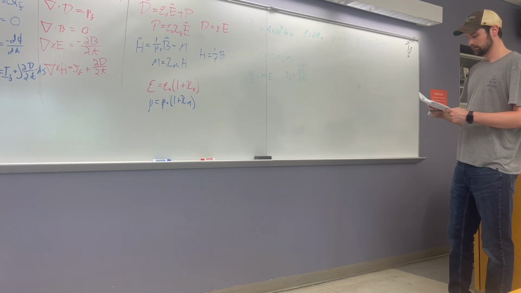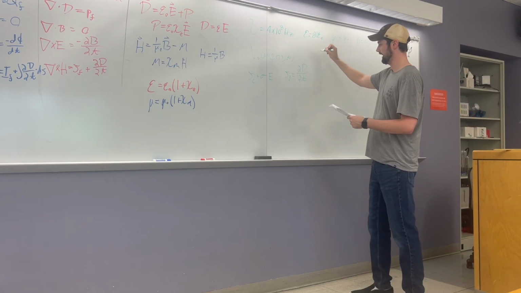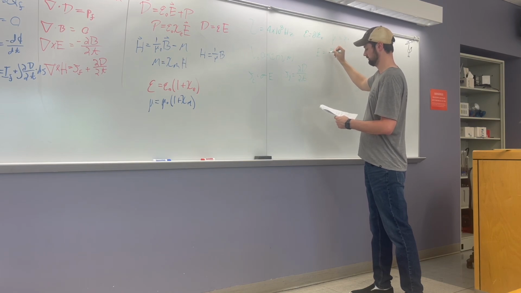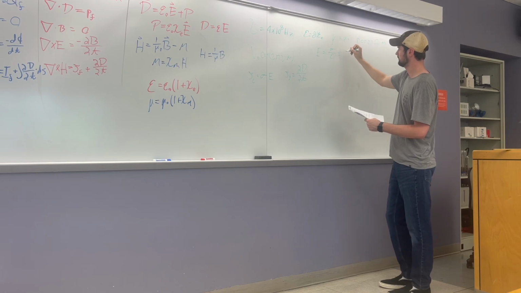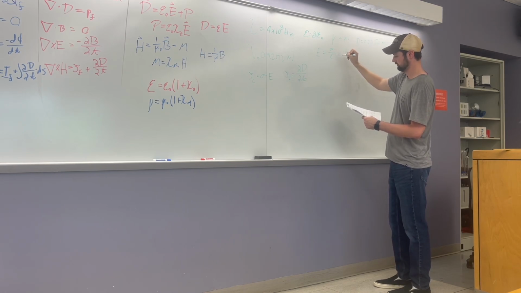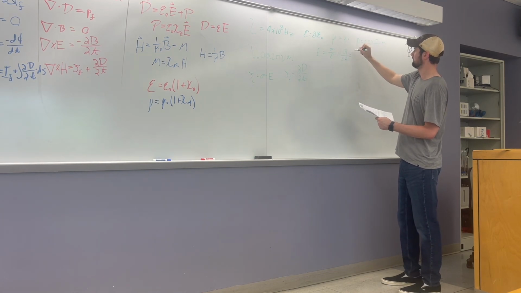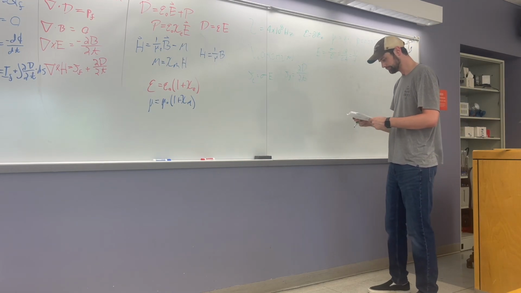So the electric field of a parallel plate capacitor can be described as E is equal to sigma over epsilon, which we can equate to the charge divided by epsilon times area, which is equal to V over D, voltage over distance.